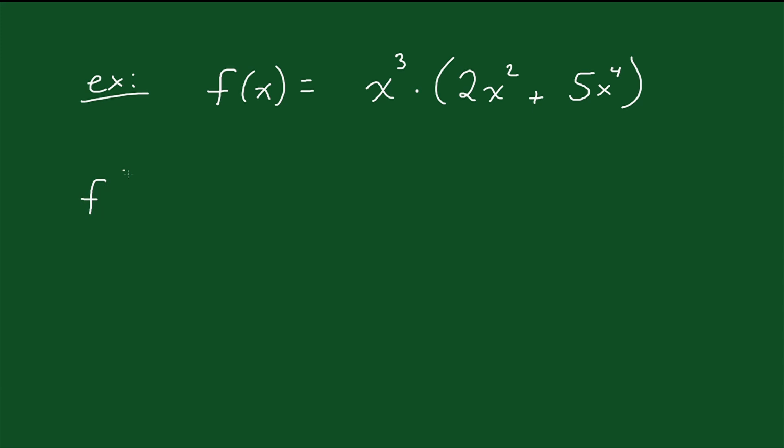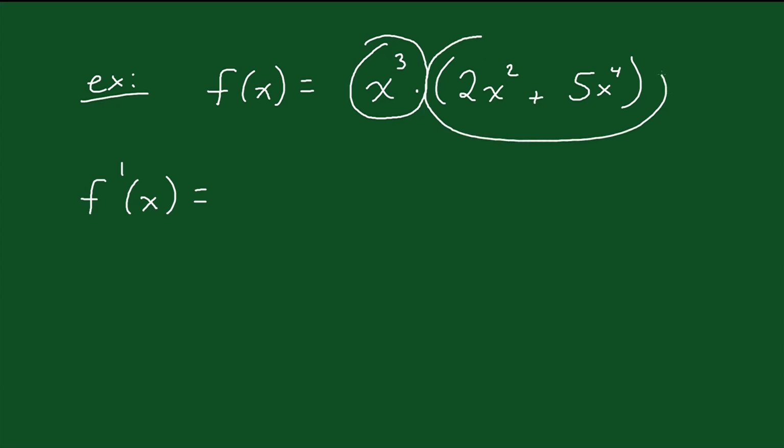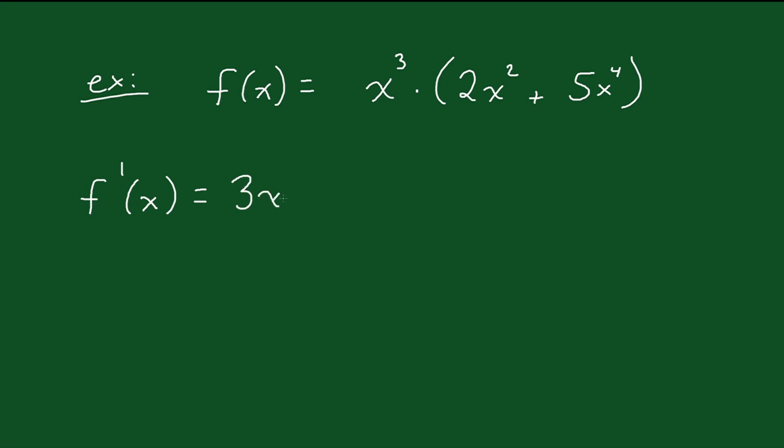So to take the derivative of this, we do the derivative of the first function multiplied by the second function unchanged. So we're going to do the derivative of x cubed, which becomes 3x squared. Multiply that by 2x squared plus 5x to the 4. So that second part, the bracket, stays the same.